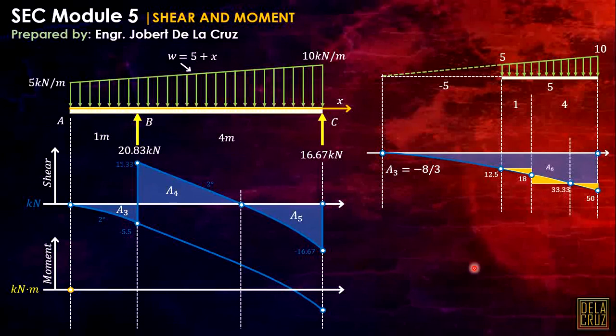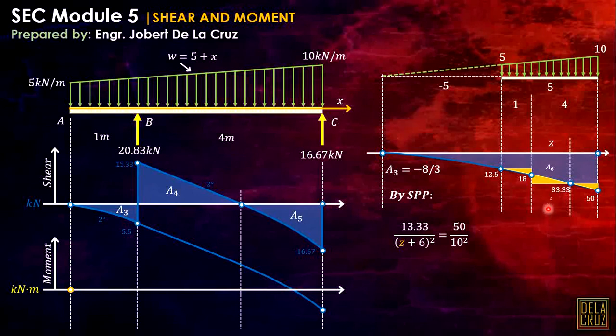Let me call this one, ito nasa ibaba, area 6. So how can we calculate that area 6 para makuha natin yung area 4? Let me call this one Z. Wala pa tayong value dito, no? From here up to that point, that can be solved by SPP again.